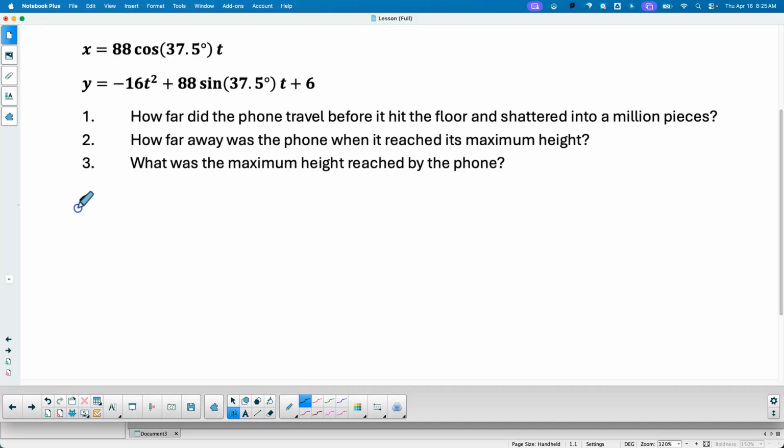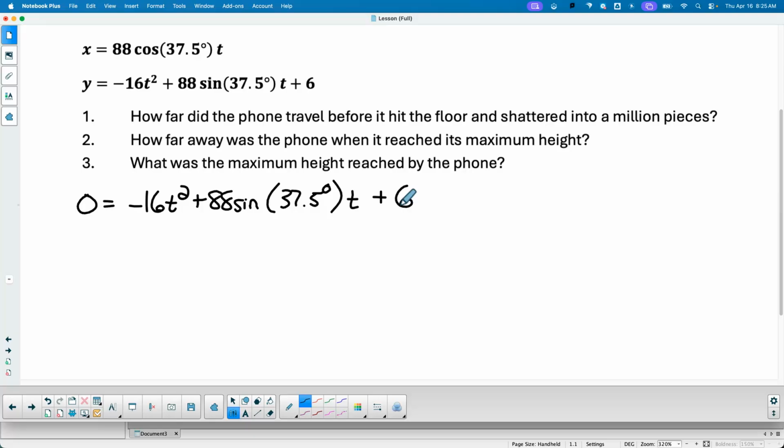So I would show 0 equals negative 16 t squared plus 88 sine of 37.5 degrees t plus 6. How are we going to go about solving?